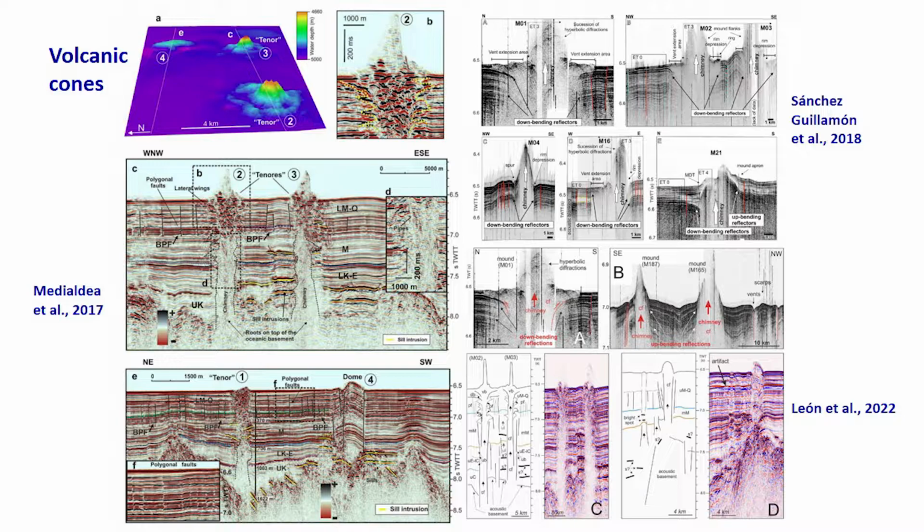volcano. This one has 3 cones that we named the Tenores 1, 2, and 3. This is the expression in multi-channel seismic, and this is the expression in high-resolution profiles. In multi-channel, you can see chaotic phases at the surface.